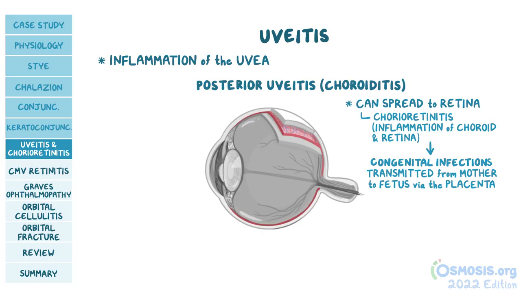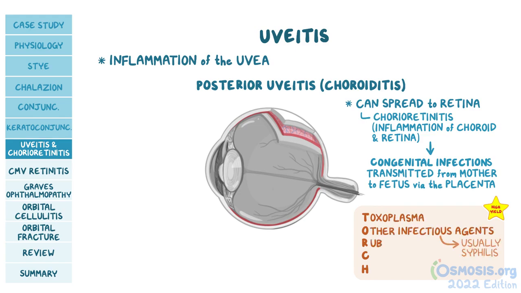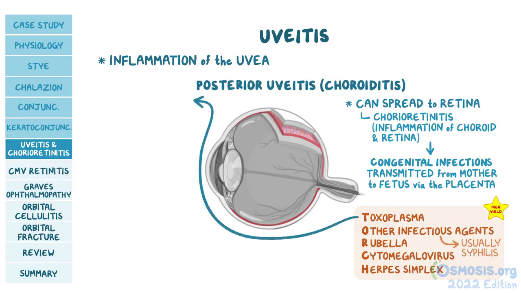For your exams, these infections can be remembered with the acronym TORCH, which stands for toxoplasma, other infectious agents, usually syphilis, rubella, cytomegalovirus, and herpes simplex. For toxoplasma, look for the classic triad of chorioretinitis, hydrocephalus, and intracranial calcifications.